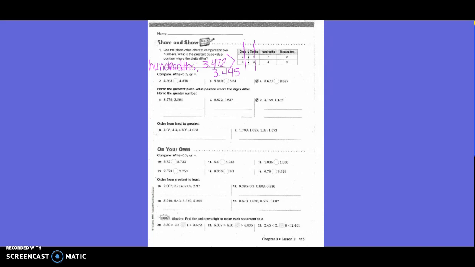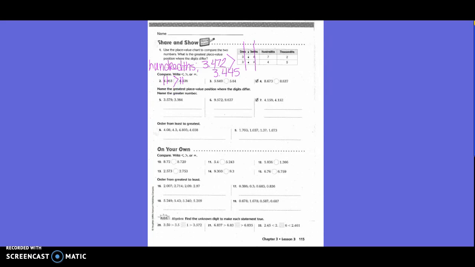Let's start. Are my 4s the same? Yep, so I marked those off. Are my 5s the same? Yep. Are my 6 and my 3 the same? Nope. So 4 and 563 thousandths is greater than 4 and 536 thousandths.